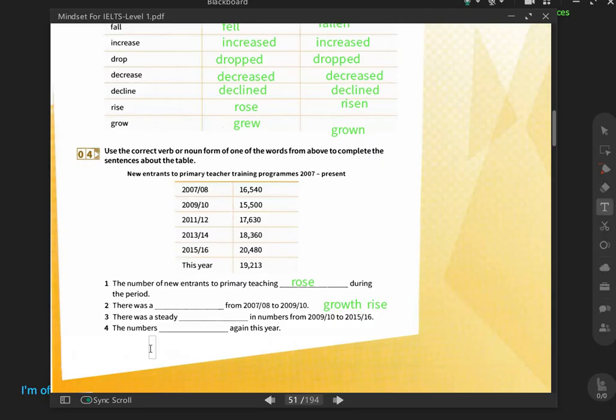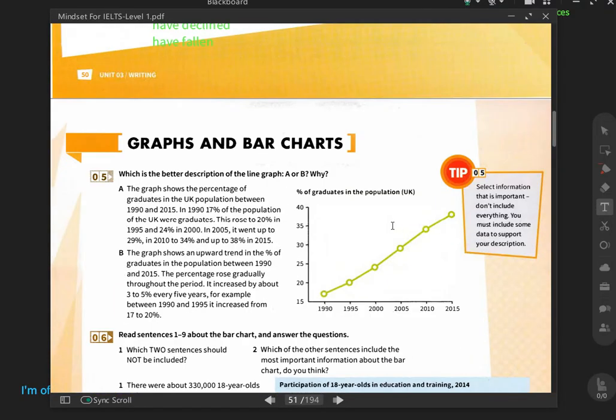Okay, very good. Fell, dropped. If I were you, I would say have declined. Why not? Have decreased. Have fallen. I'm talking about the duration of this year, so I can use present perfect as well. So this is another structure. Present perfect can be used here.